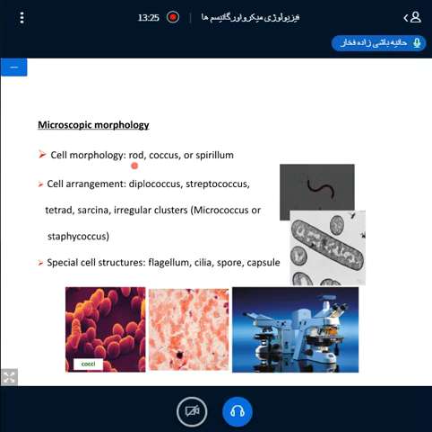Cell morphology: rod, cocci, and spirillum. Cell arrangement like diplococcus or streptococcus, tetrad, sarcina, irregular cluster, and special cell structures: cilia, spore, and capsule.